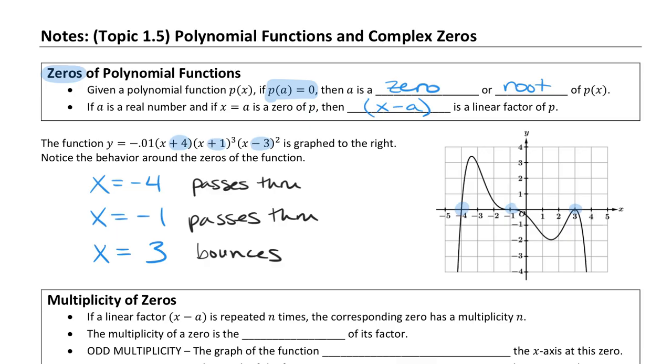Do you notice something that's similar between the factors that we both wrote the word passes through next to versus the one that we wrote bounces next to? Good observation. Is there anything else that we see? Maybe if I highlight the things I'm wanting you to see, you might see it.